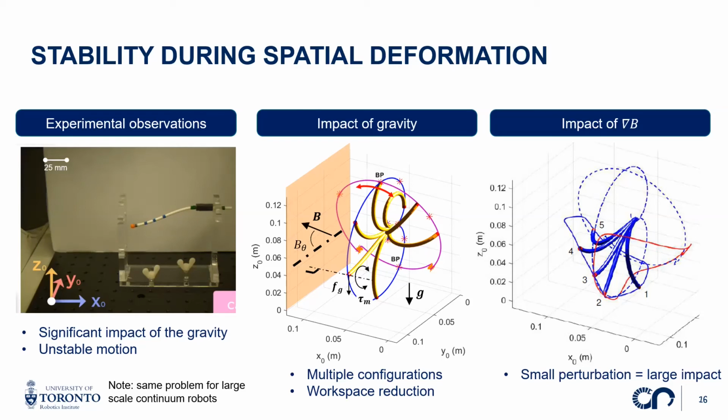It's not perfectly homogeneous, and this gradient will apply some forces on the magnet as well. We observed that following this small perturbation, the robot will tend to fall on one side of the graph or another. So due to this unstable phenomenon, small perturbations have a large impact on the robot shape.